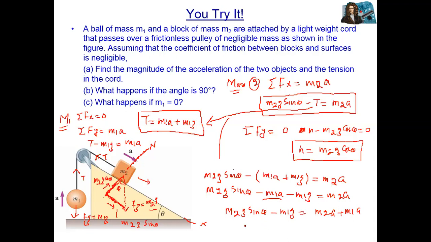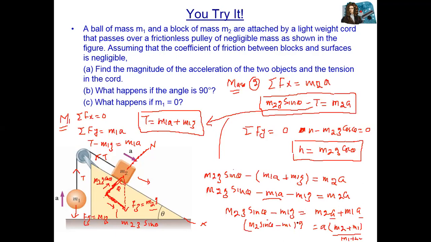Only g is common on this side, so we have m2 into sine theta minus m1, times g. On the other side, acceleration is common, so we have m1 plus m2. If you divide both sides by m1 plus m2, what will be the equation for acceleration?